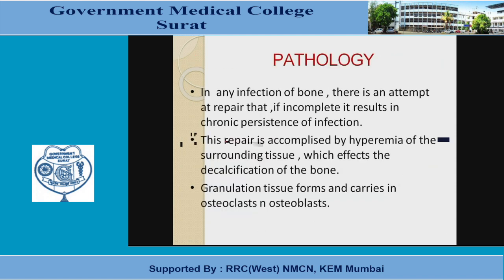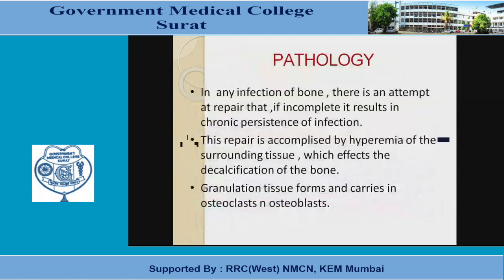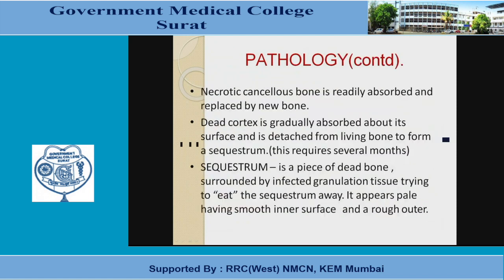Now, the pathogenesis. It is the same as we have seen in acute osteomyelitis, but here the granulation tissue forms and carries osteoblasts and osteoclasts. The necrotic cancellous bone formed at the end of the first week is radially absorbed and replaced by new bone. Dead cortex is gradually absorbed about its surface and detached from the living bone to form a sequestrum.